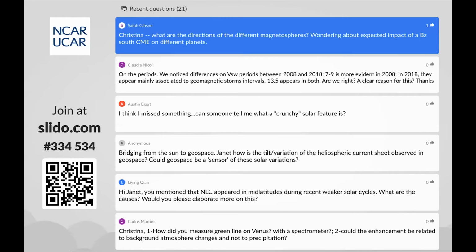So for instance, at Uranus, the planetary magnetosphere's dipole will be directed towards the sun for part of the Uranian year, but then as you rotate the planet around, at one point the dipole will actually be perpendicular, not pointed towards the sun. So the solar wind interaction there is crazy, but I believe Dan Gershman will be talking about this a little more on Friday as well. But I think that might answer your question, Sarah. Yes, absolutely. Thank you. It's quite a zoo.